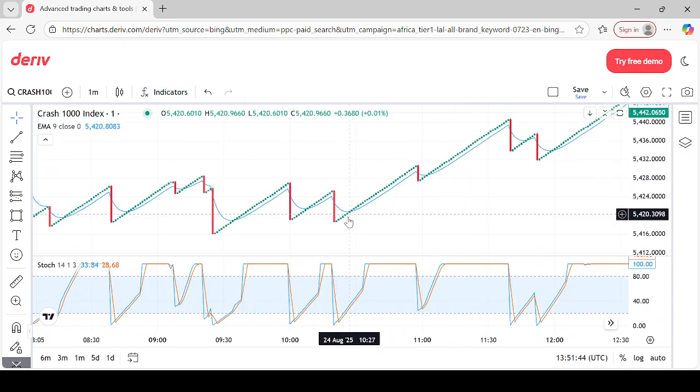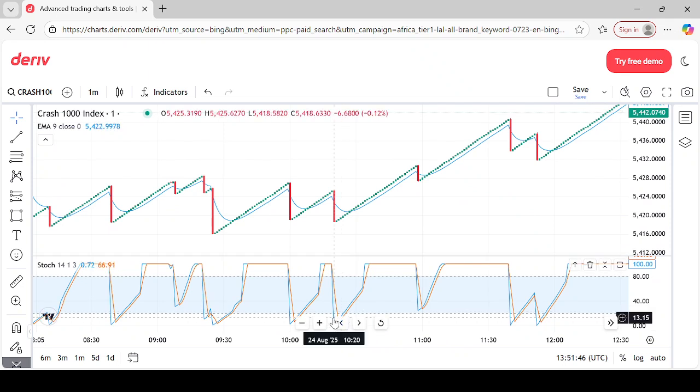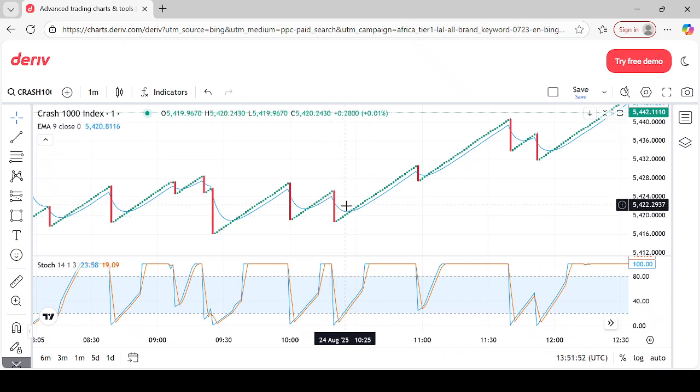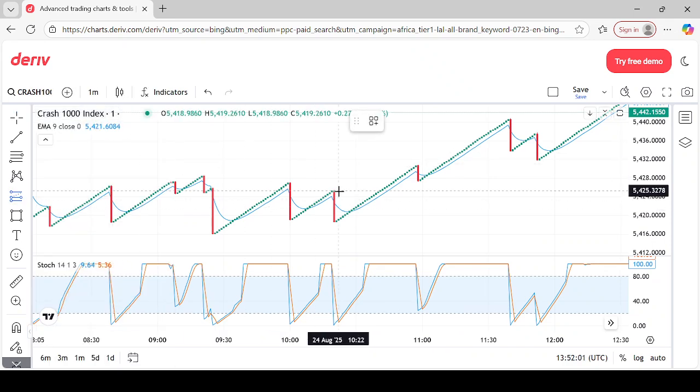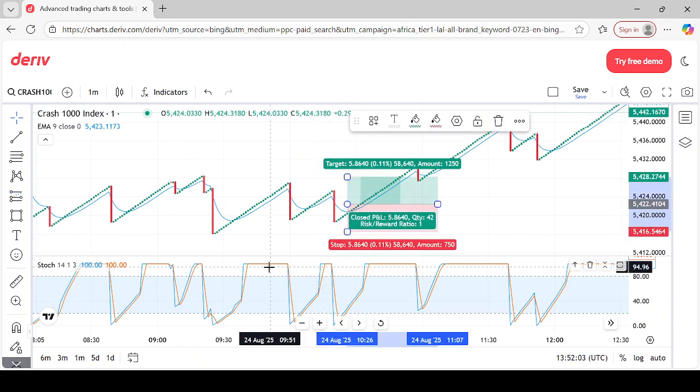When you combine this, you know that at this point, this is an oversold condition. When it is below 20 in the market, oversold condition, and your moving average, you wait for price to come back to touch your moving average before you anticipate a potential buy trade, or a potential sell trade if it is above 80 of your stochastic oscillator.